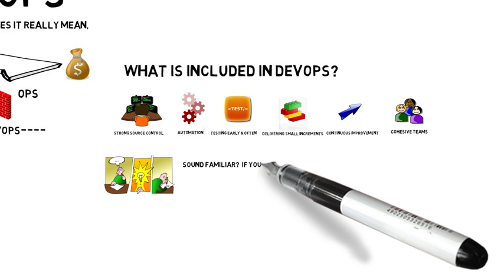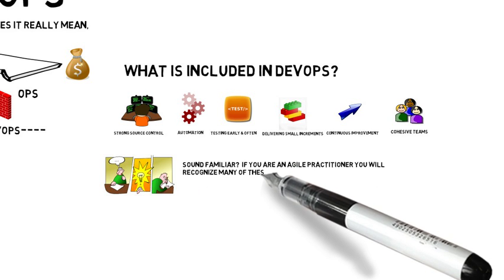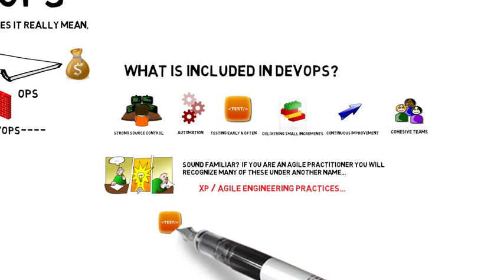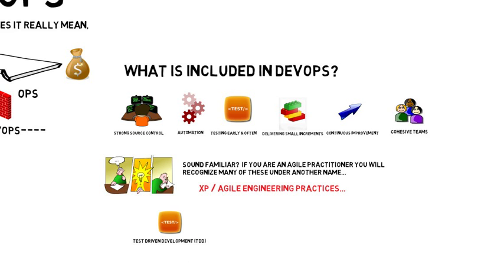But wait, this probably sounds very familiar to you, especially if you are somebody who's an Agile practitioner. Why? These are actually very similar to XP and Agile engineering practices, which probably many of you have practiced and are familiar with. So in XP, we have test-driven development, or TDD, for instance. We have small releases, again, that small incremental and iterative approach that we're able to use.